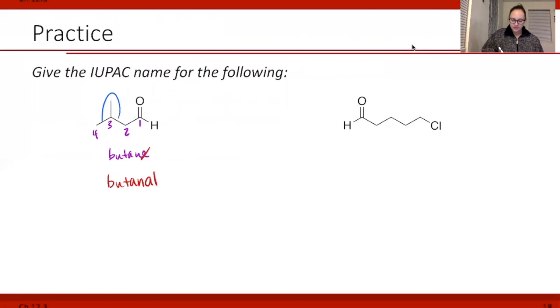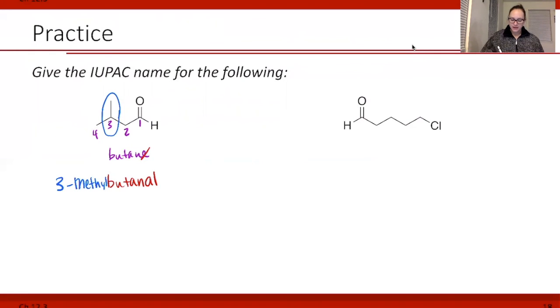And then we're going to put our substituents. I'm going to circle my substituent here, and I have a 3-methyl. So 3-methylbutanal is the name of this one.